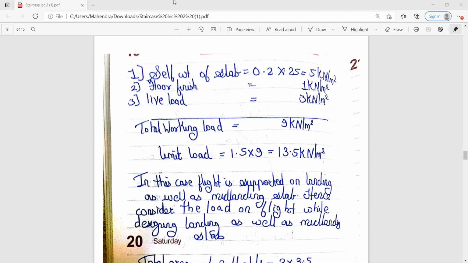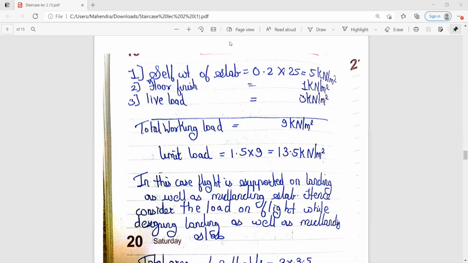In this case the flight is supported on the landing as well as the mid landing slab. Hence you have to consider the load of the flight while designing the landing as well as the mid landing slab.